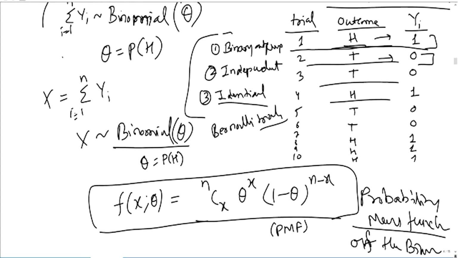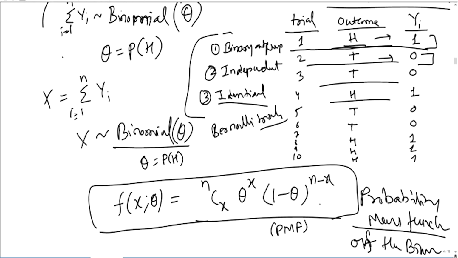I will be calling them probability mass function for discrete cases and probability density function for continuous cases. I will come to continuous cases, why we call them probability density functions. For every distribution, you would have an associated probability mass function, and this is the probability mass function for a binomial distribution.